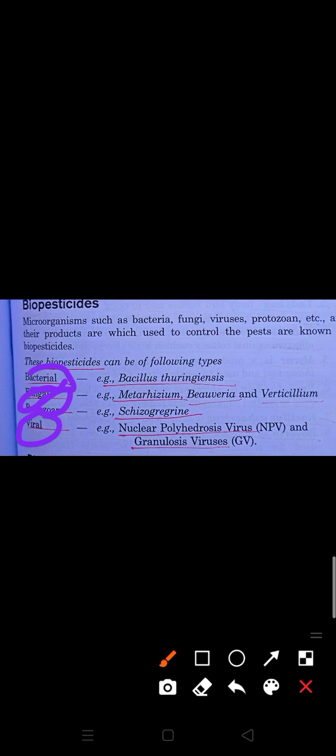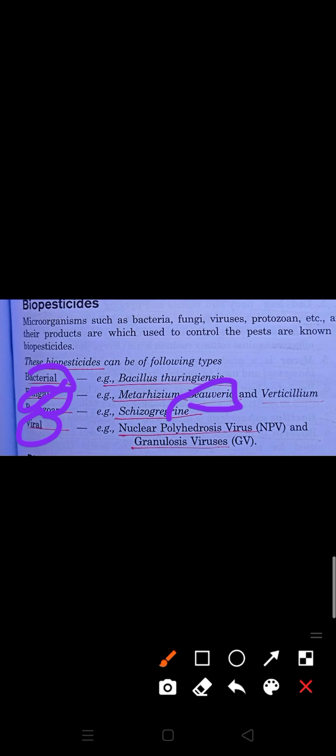Next one is fungi, like Metarhizium and Verticillium; these examples are written here. These also work very effectively to control different kinds of diseases. Like Beauveria bassiana, the second one we are discussing.